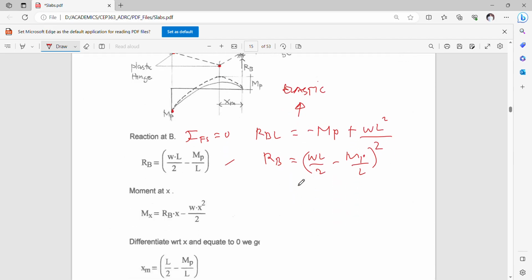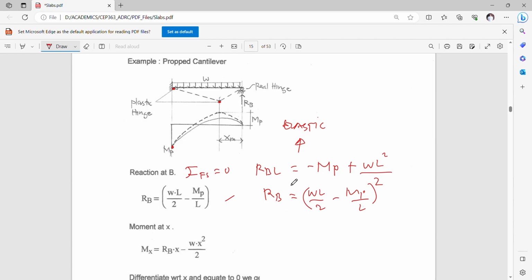So for the moment at a certain point x that we assume to be unknown, we can just make use of the same system and solve for Mx in this regard. Of course, we have to change your L into an x to make the equation in terms of x.